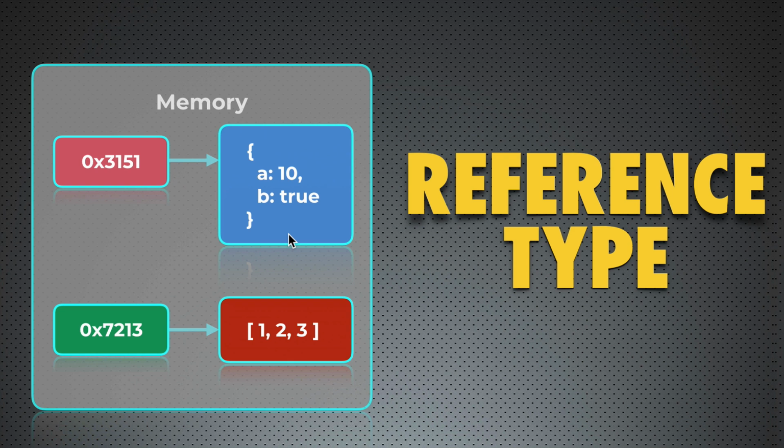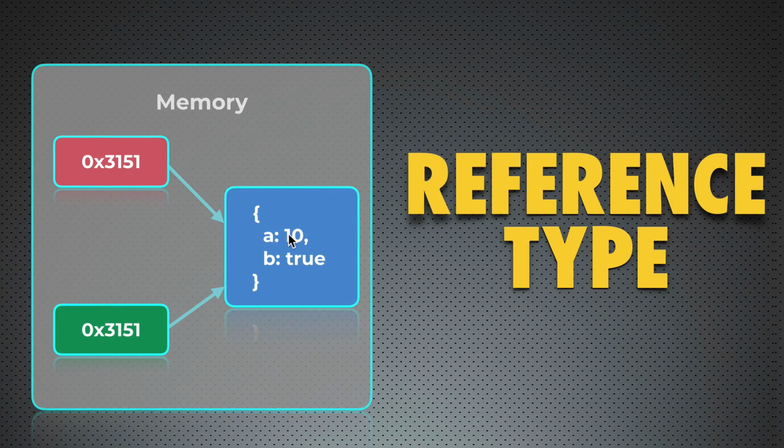But you may ask me, can it happen that different pointers point to the same value in the memory? And the answer is yes. For reference type, it is possible. In this example, two different pointers point to the same place in memory where a value of reference type is stored.